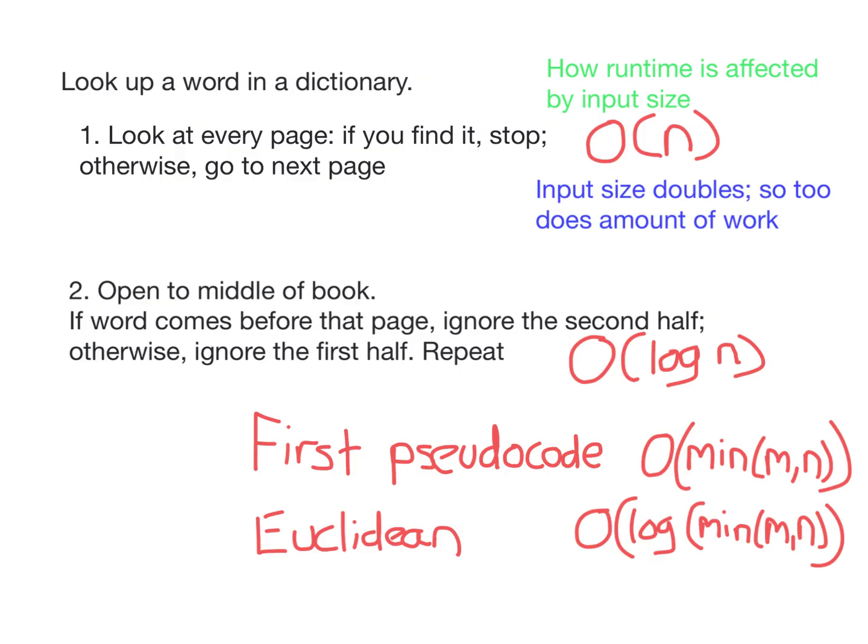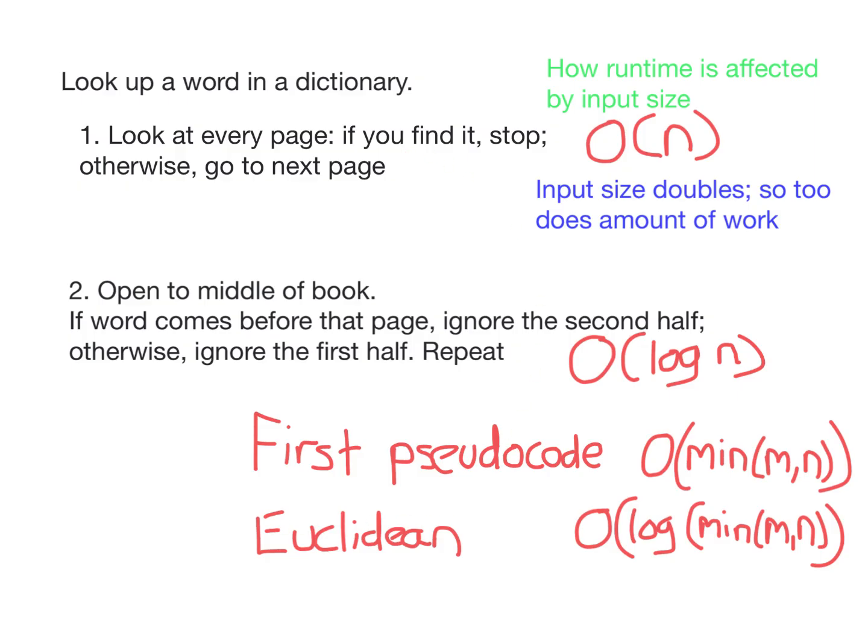And so it is with the two greatest common divisor algorithms I showed you previously. The first one, which was very inefficient, which involved checking every number up to and including m or n, has linear running time complexity. So if you double the number, you expect to double the amount of work. So it's really inefficient like this one.